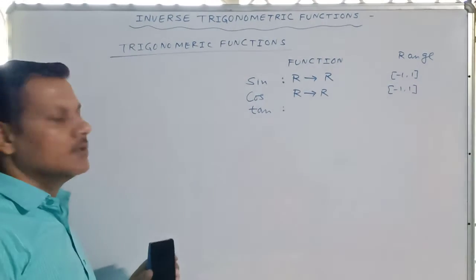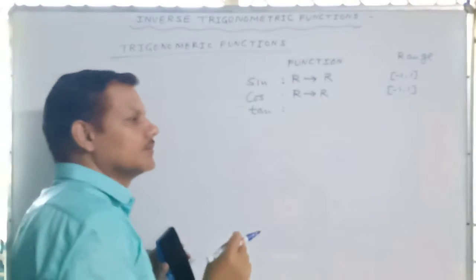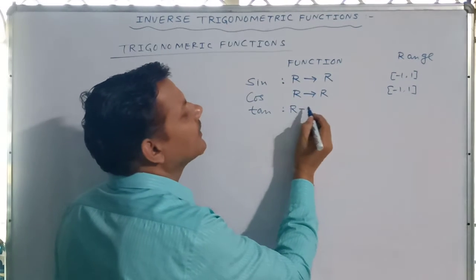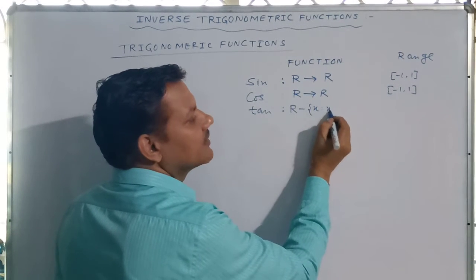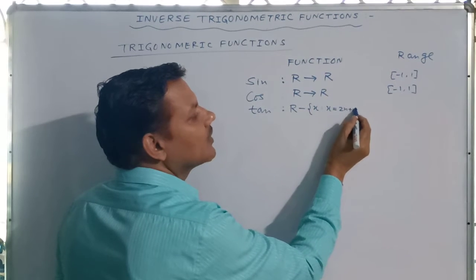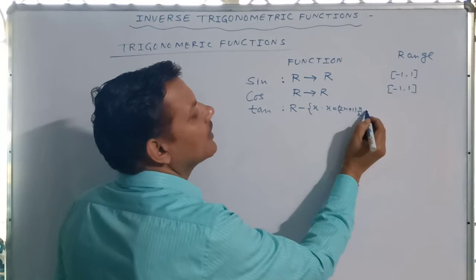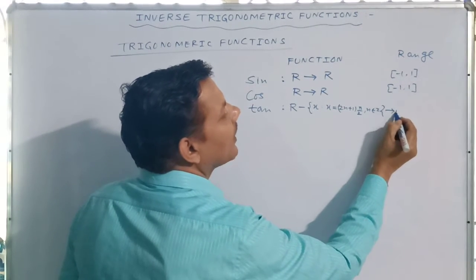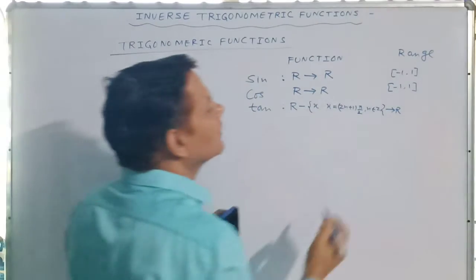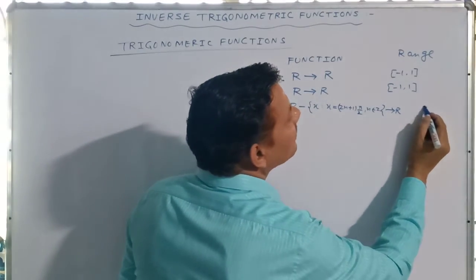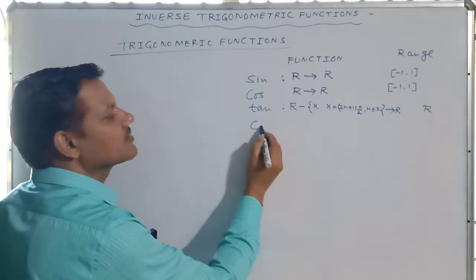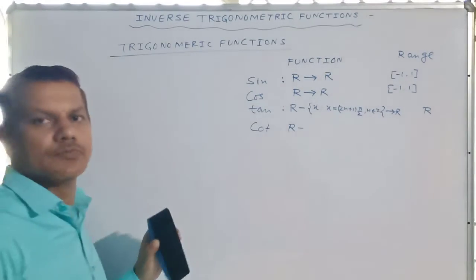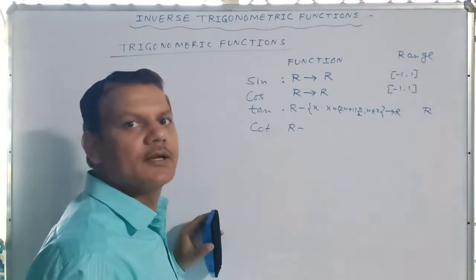Tan is sine by cos, and cosine is 0 for odd multiples of pi by 2. So we write R minus {x such that x equals (2n+1) pi by 2, where n is any integer}, to R. Its range is R. Then cot is cos by sine, and sine is 0 for integral multiples of pi.